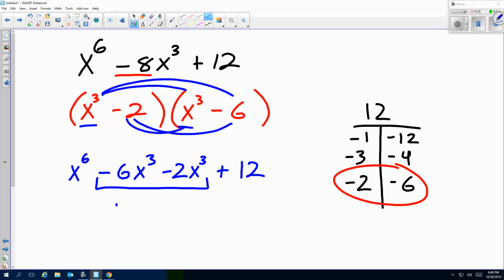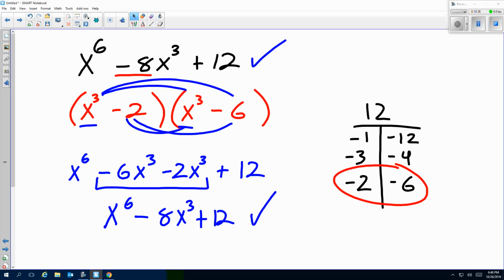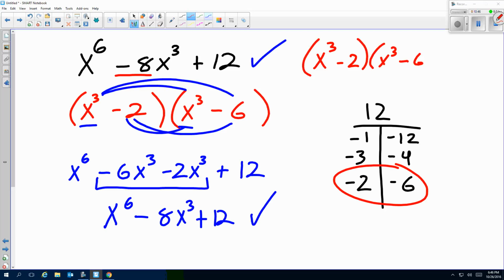Add your like terms. We get x to the 6 minus 8x cubed plus 12. Does it check out? Absolutely it checks out. So my factorization is this wonderful x cubed minus 2 times x cubed minus 6.